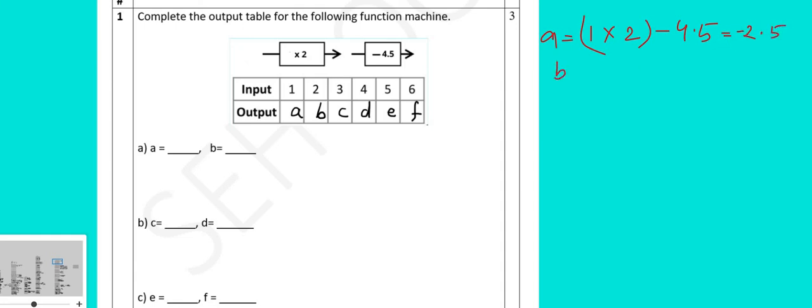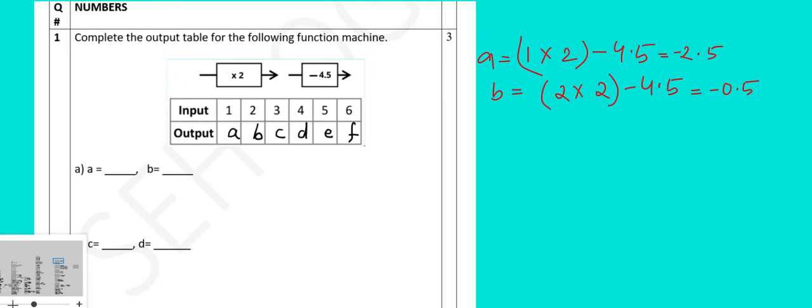For B it will be equal to 2 into 2 minus 4.5, which is equal to minus 0.5. So for A the values will be A is equal to minus 2.5 and B is equal to minus 0.5.